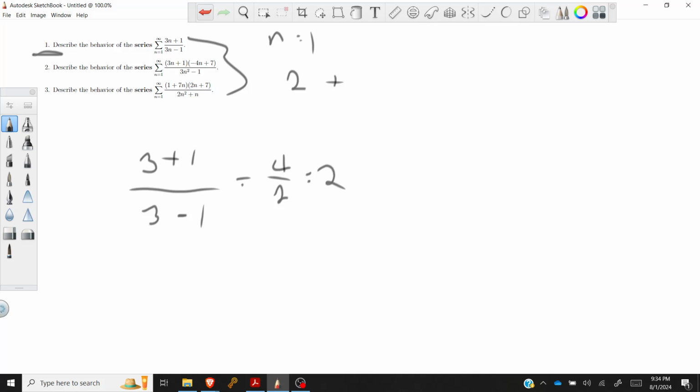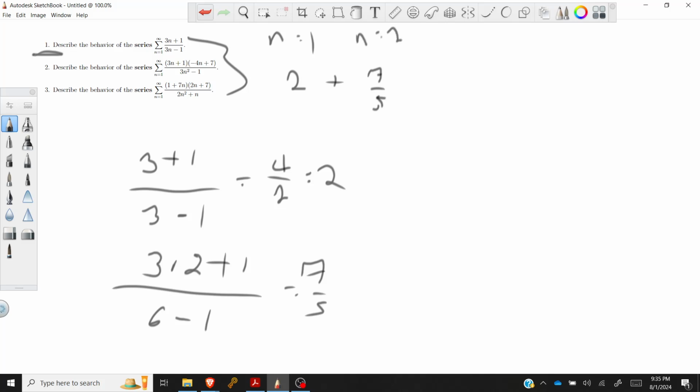Then we're going to add n equals 2, which is going to be 3 times 2, which is 6, plus 1, which is 7, over 6 minus 1. So this is equal to 7 over 5. Now we're going to do n equals 3, so that'll be 9 plus 1 is 10, over 9 minus 1 is 8. So this is equal to 10 over 8, which is 5 over 4.